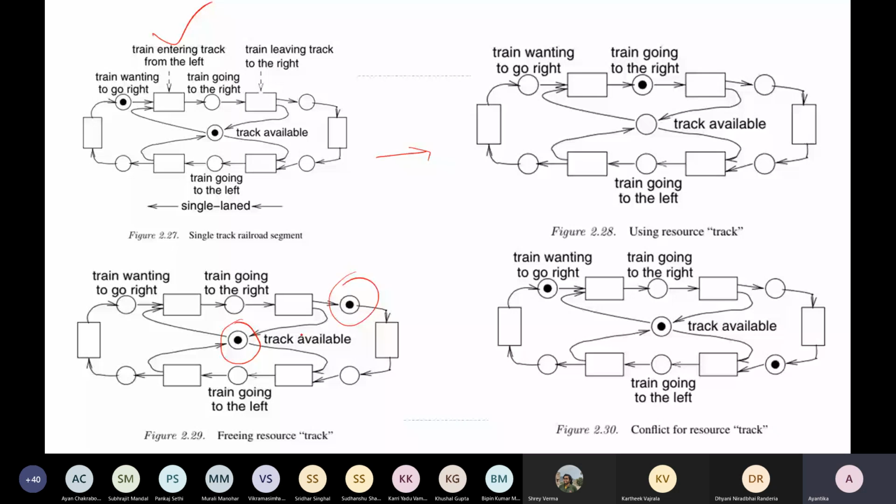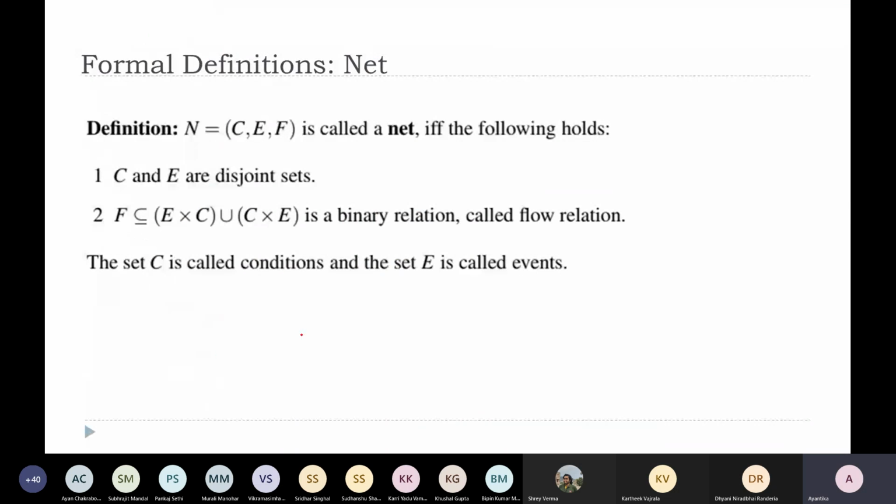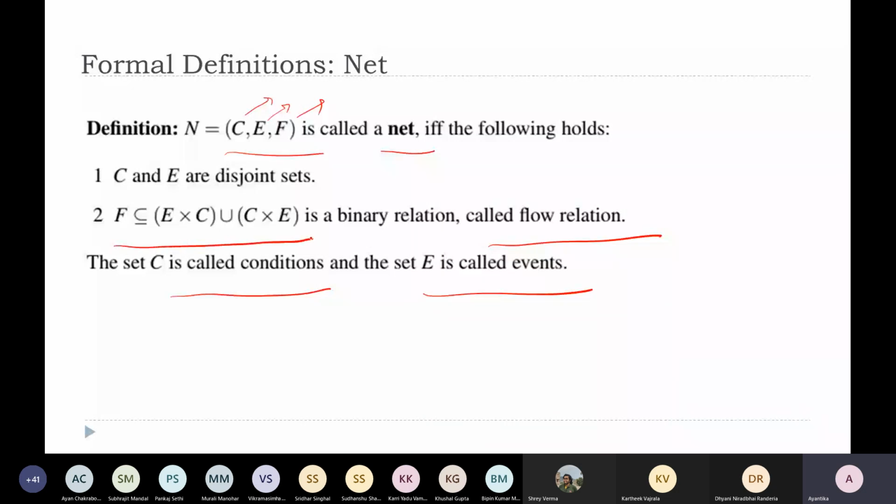Okay. Now we will define it more formally. Okay. When we are talking about a net, Petri net, what does this net mean? This net means it is based on C, means C is some condition, E is the event. Okay. Here it is written, C is called conditions, E is called events, and F is a flow relation which can be defined this way.